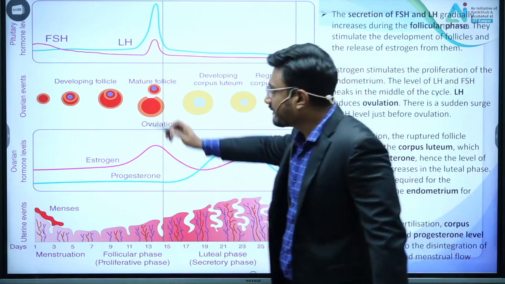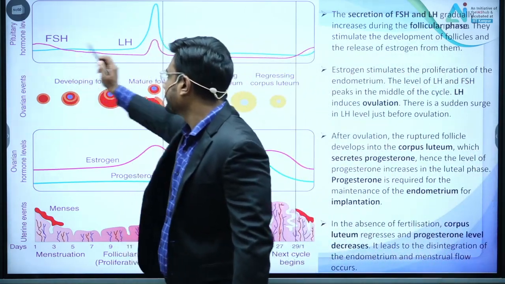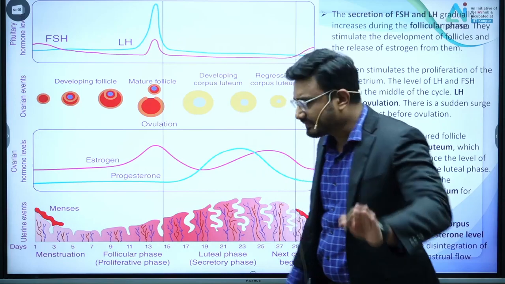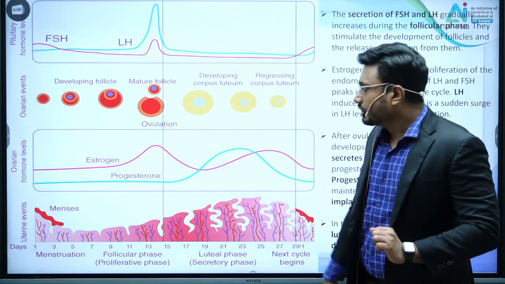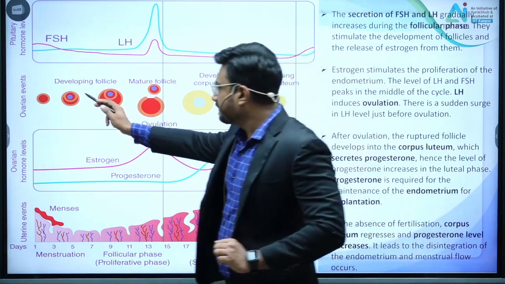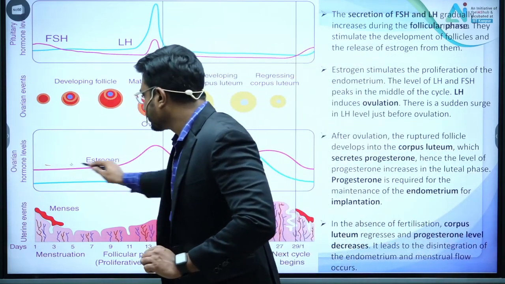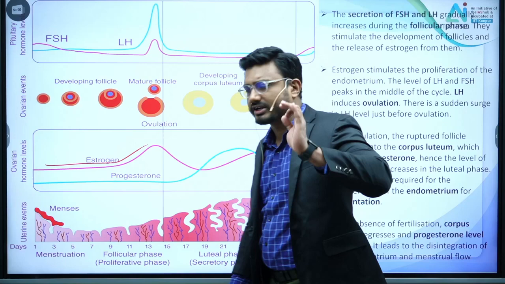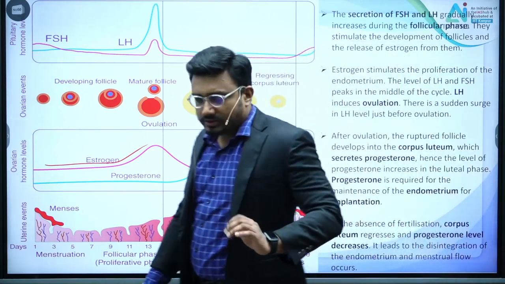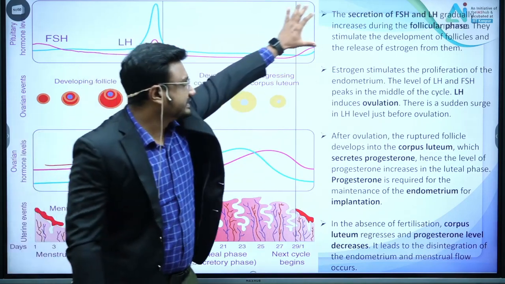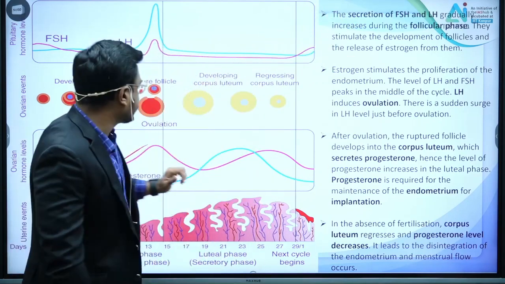Here we have the pituitary hormones, that is the FSH and the LH, and here we have the ovarian hormones, that is the estrogen and the progesterone. We know that in the developing follicle, estrogen helps in the development of the follicles. Let us go through the first point, the secretion of FSH and LH.